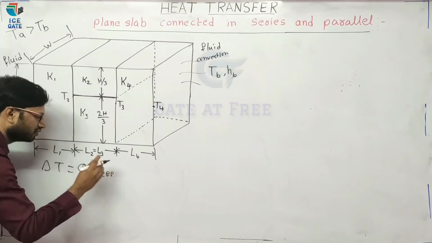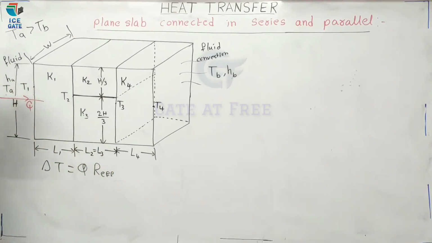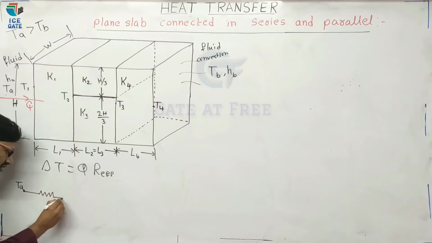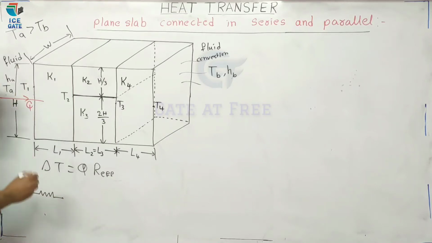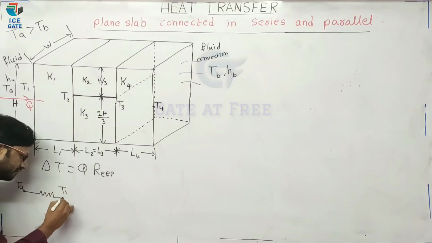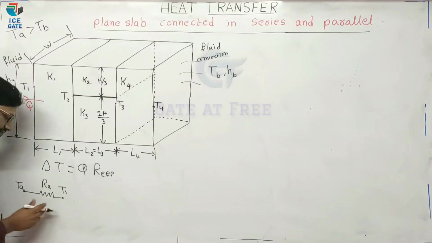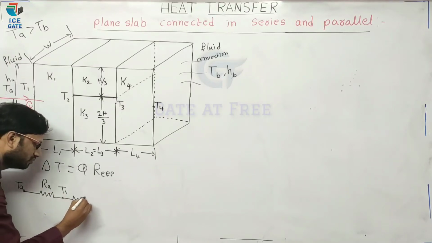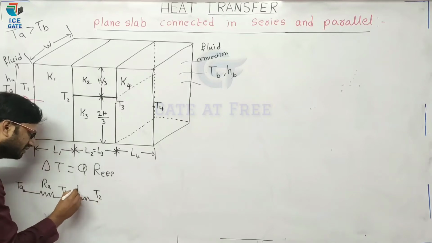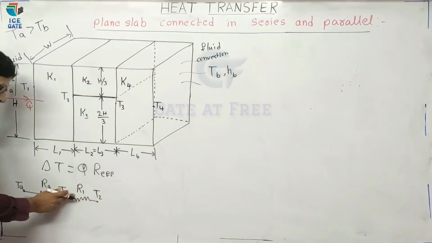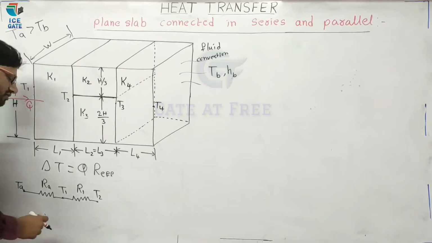Okay. Now write down delta T equal to QR, total resistance. Now first draw the diagram. This is TA. Heat flows from temperature TA to T1. Now what is the resistance? Take RA, that is convective resistance. Next from T1 to T2, take the resistance R1, that is conductive resistance.